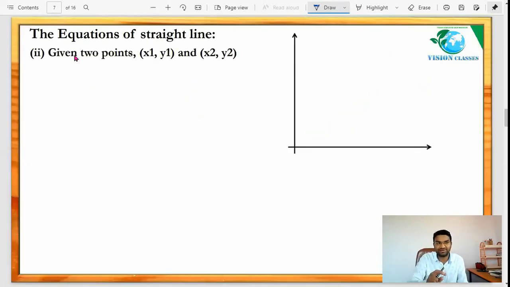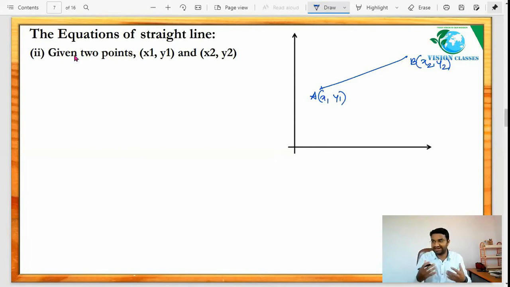Now in this case we have 2 points. Let's say you can take any straight line with points A (x1, y1) and B (x2, y2). So you don't know here what the gradient is.